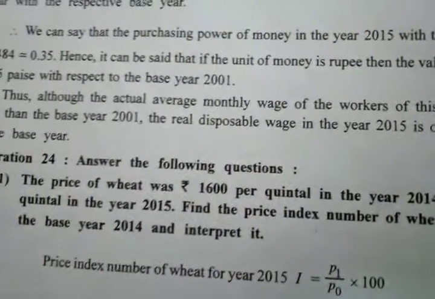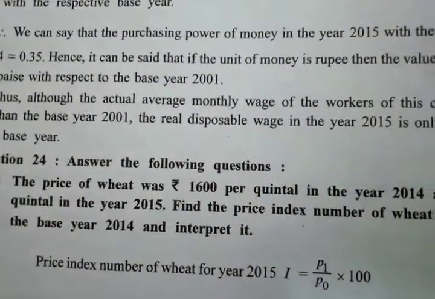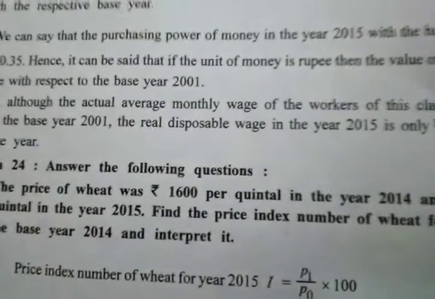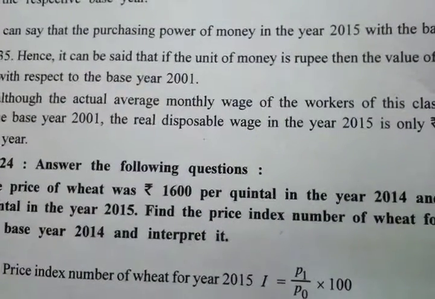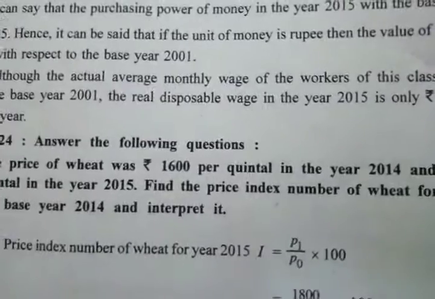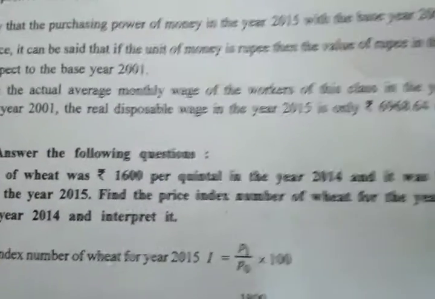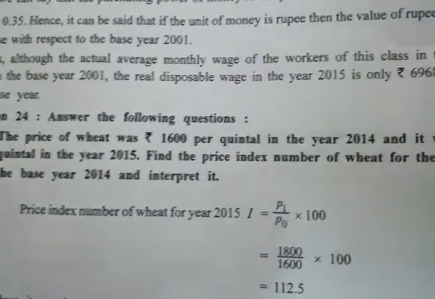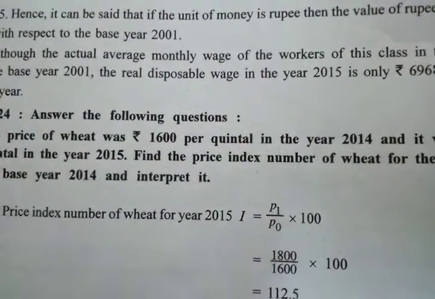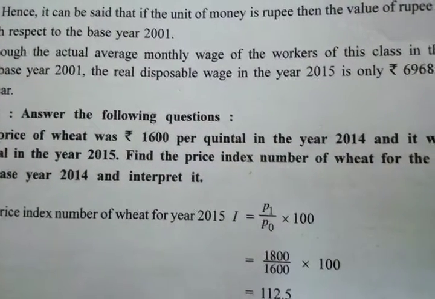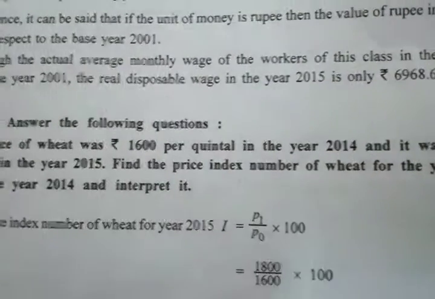So here what has happened, wheat price has gone up from 1600 rupees to 1800 rupees, from 2014 to 15. So we are asked to find the index number of wheat for the year 2015 with the base year 2014. So price index number of wheat for the year 2015 is I is equal to P1 upon P0 into 100.